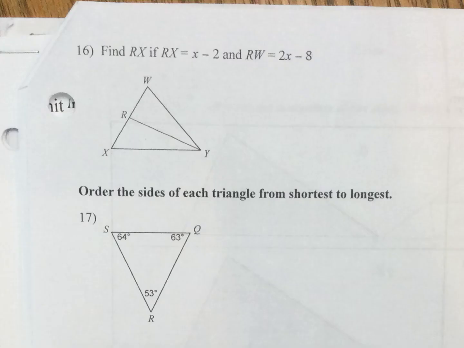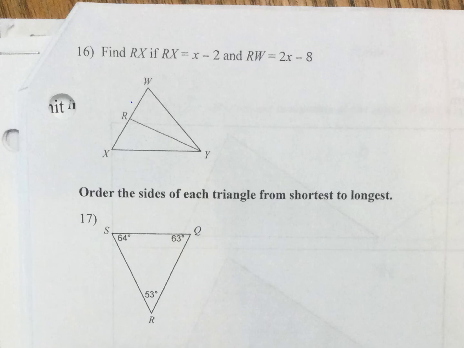We're doing the same thing on this side. We've got our medians. RX, that first section, is x minus 2. And RW, that section, is 2x minus 8. I know that those two are the same exact thing, so I'm going to say 2x minus 8 equals x minus 2.